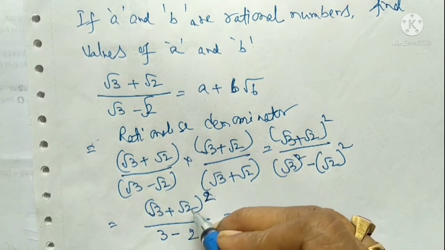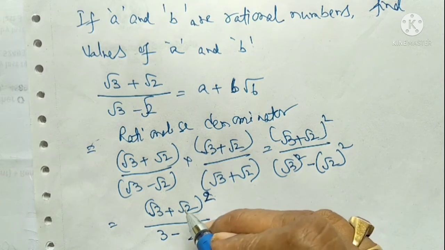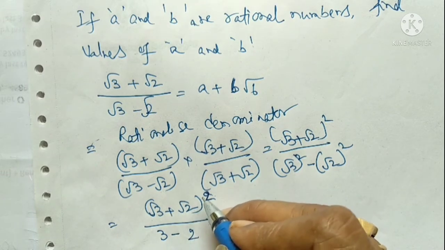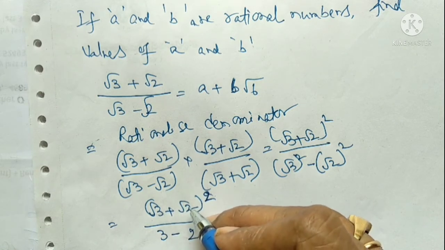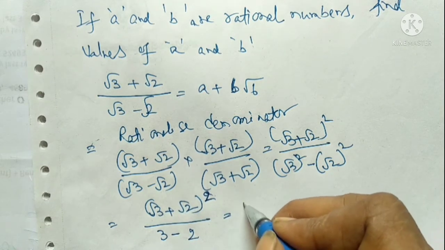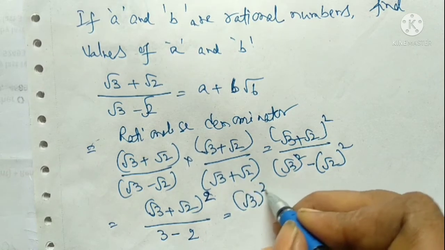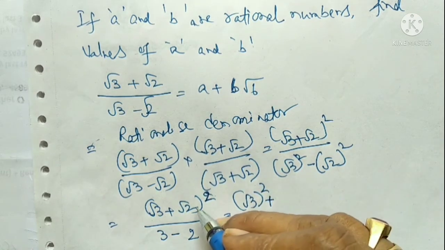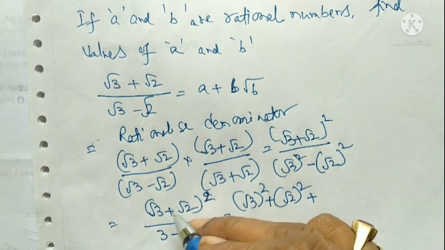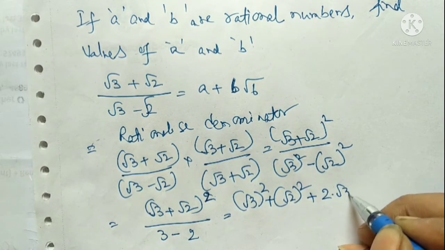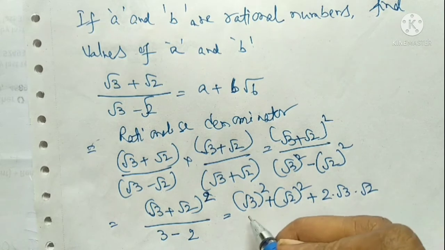Now we have to find the value of root 3 plus root 2 whole square. The formula is a plus b whole square, which is a square plus 2ab plus b square. That means root 3 square plus root 2 square plus 2 into root 3 into root 2.